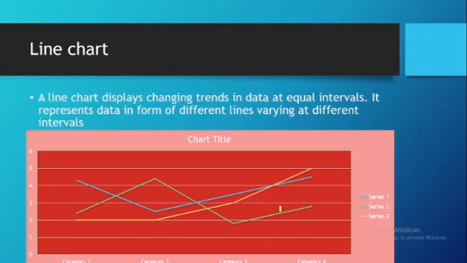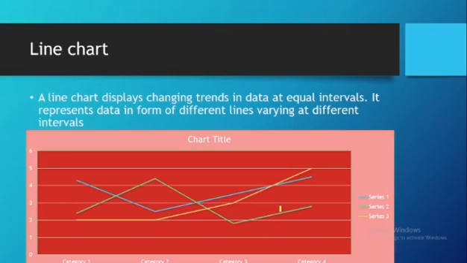You might have seen this type of chart in cricket matches where the performance of two teams is compared, like in the 0 to 5 overs, which team was performing better. Then from 5 to 10 overs, what was the performance of the two teams. So when we have to compare at equal intervals, we use this line chart.